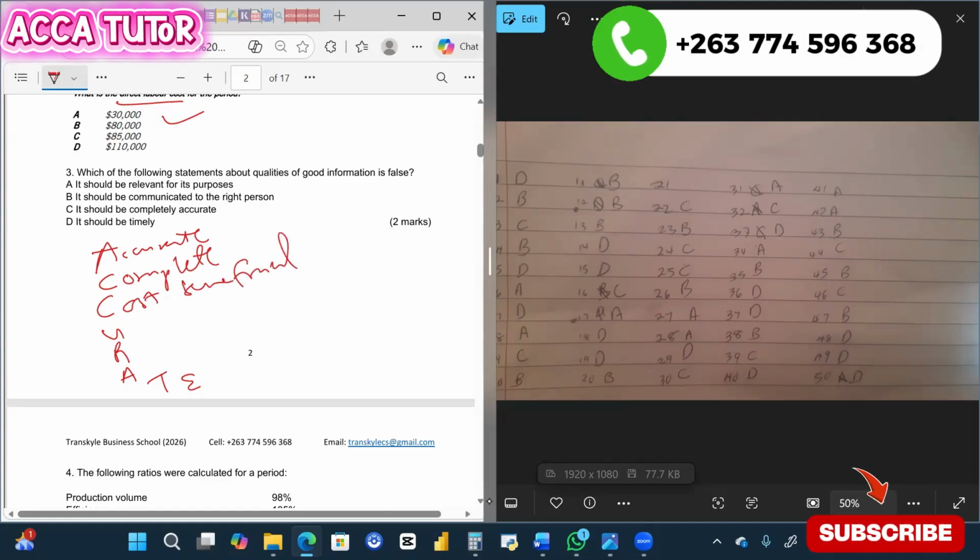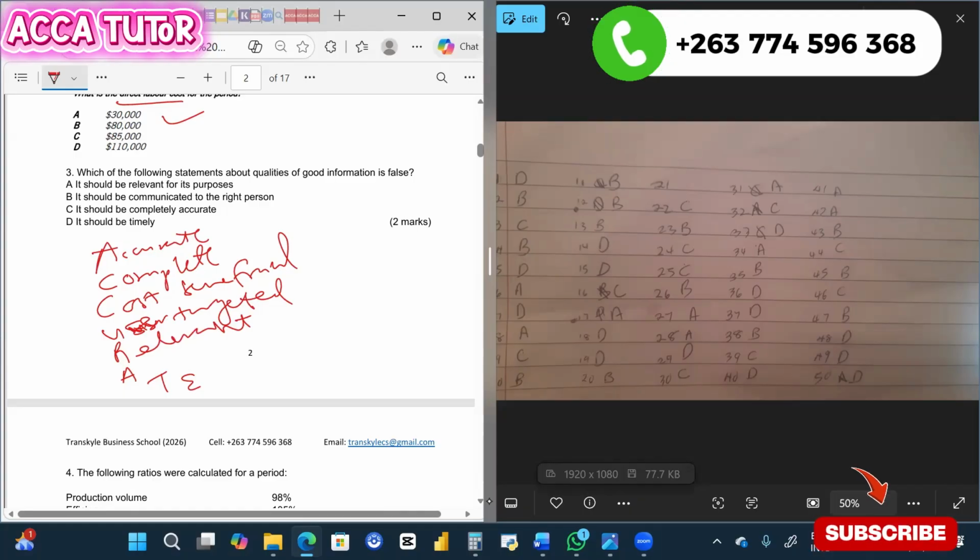U, User targeted. User, sorry, user targeted. R, Relevant. Yes, relevant. The information should be relevant.